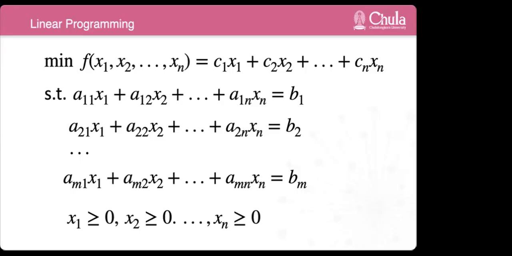And for the constraints, in a general form, we can write A11 x1 plus A12 x2 plus until A1n xn equal B1. And let's say if we have a total of m conditions, then we have B1 to Bm.